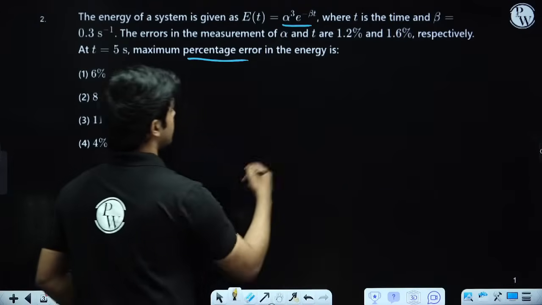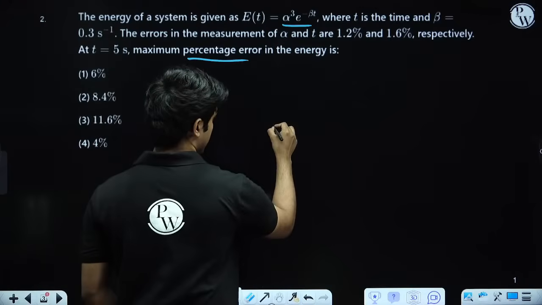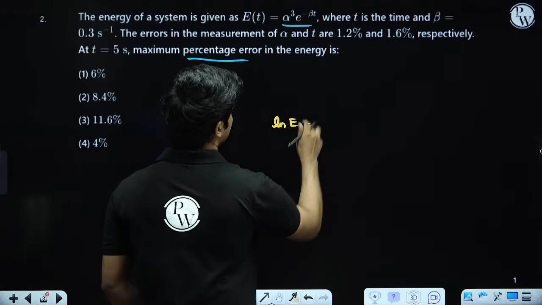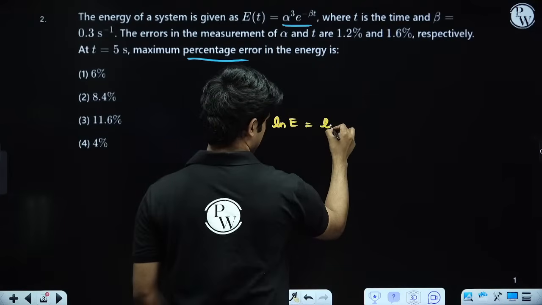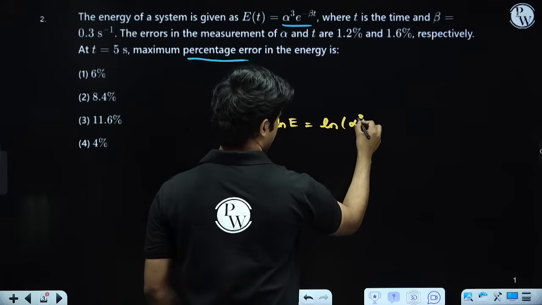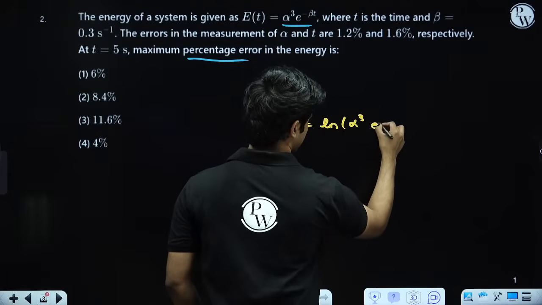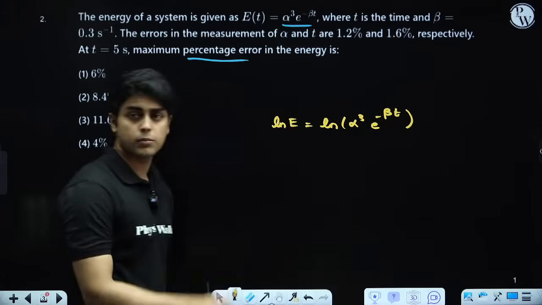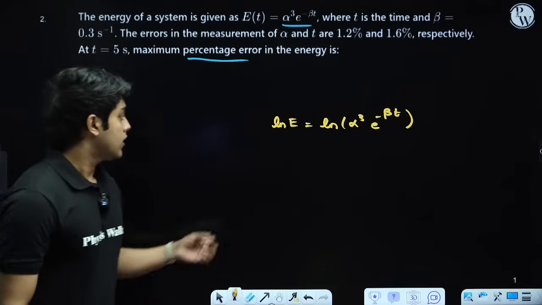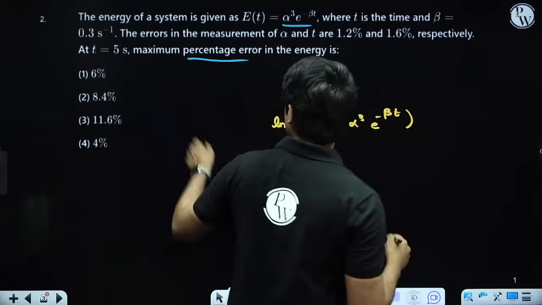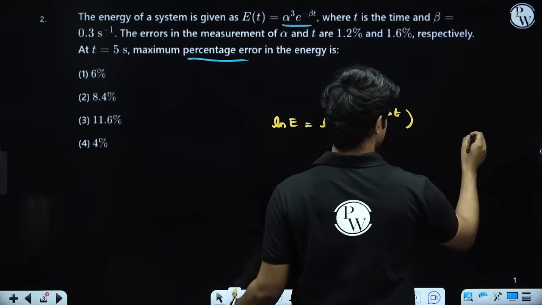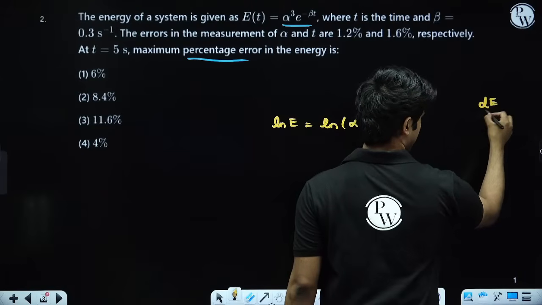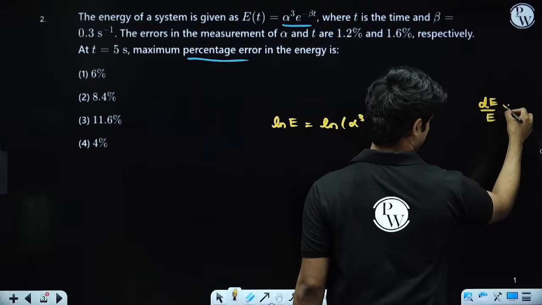take the logarithm on both sides. If I take ln E, this would be equal to ln of alpha cube e to the power minus beta t. The reason for taking the logarithm will be clear soon. The main idea is that when we are talking about percentage error in any quantity, here in E, it will be dE divided by E times 100.